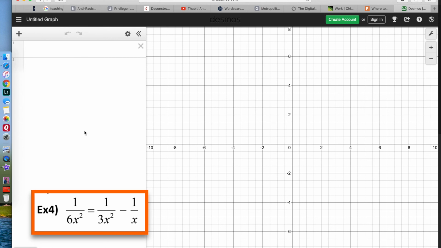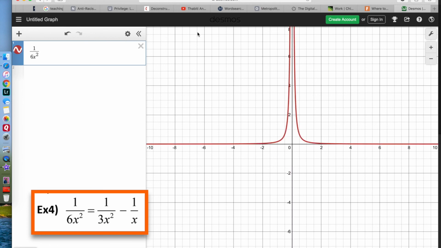And I need to turn off the sound on all my devices. Forgot. Okay. So the first one, what you want to do is graph the left side of the equation and the right side of the equation as 2 separate graphs. So I'm going to type 1 over 6x squared in the first.